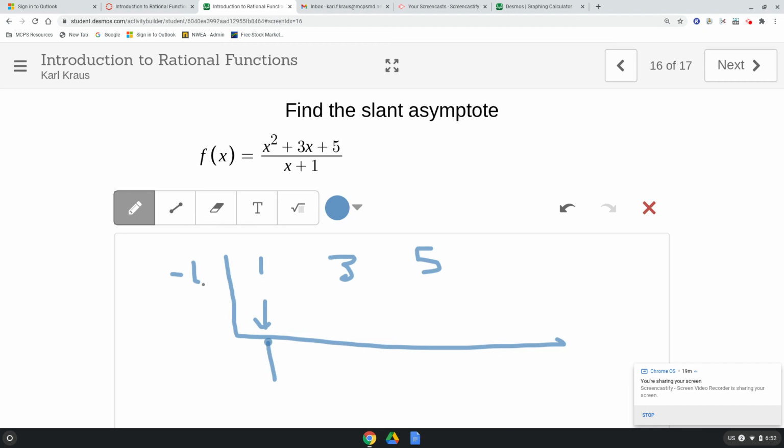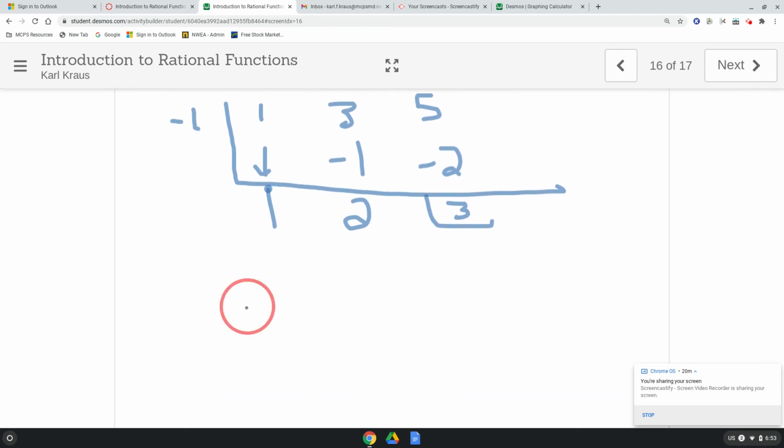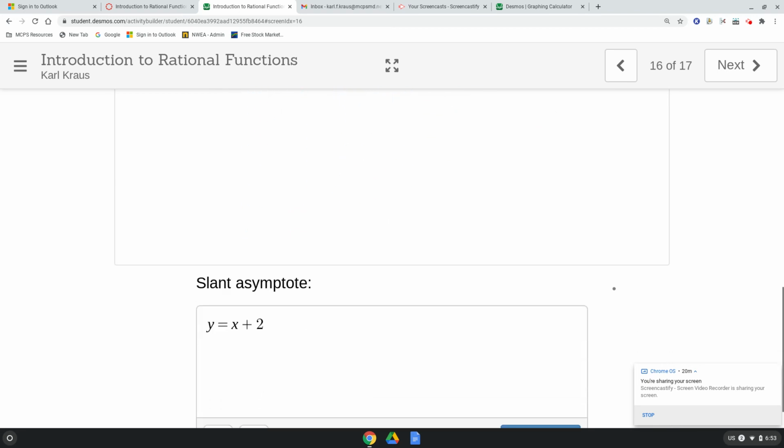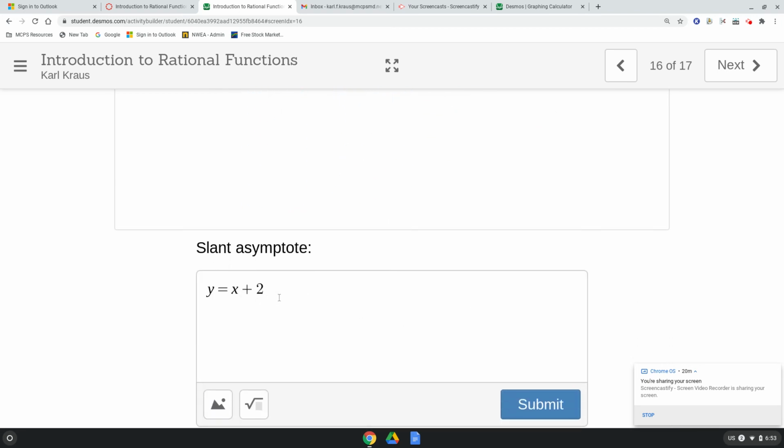And then multiply by negative 1, get a 2, multiply, get a remainder of 3. I can ignore the remainder. So y equals x plus 2. It's just the quotient without the remainder. So the slant asymptote is y equals x plus 2.